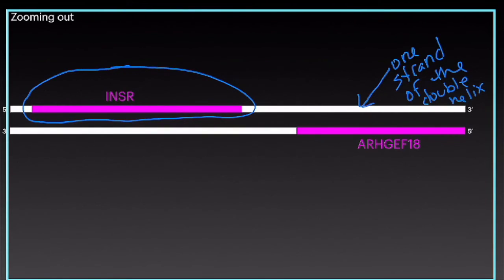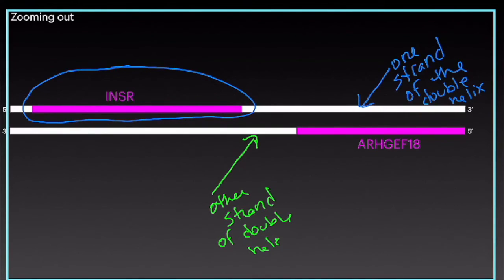Okay, and then what I'm showing you is on the other strand of the double helix, let me make that a different color, this is the other strand. And over here on the other strand is another gene. That gene has an awesome, easily pronounceable name.